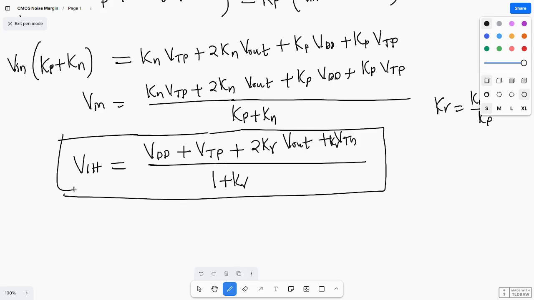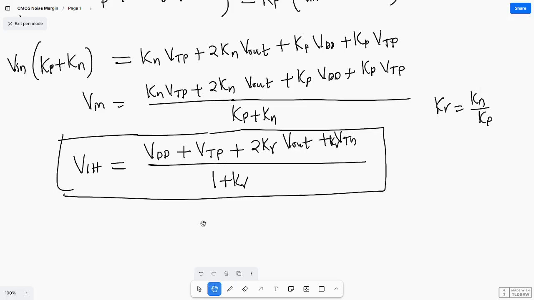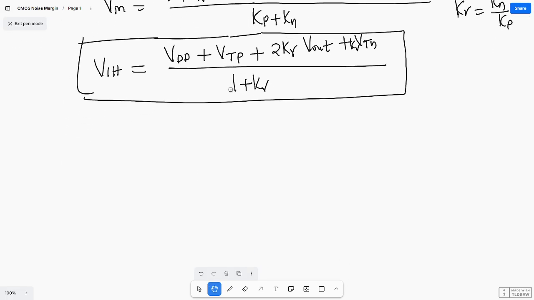Okay, so VIH. For symmetrical, this formula is hard to remember.